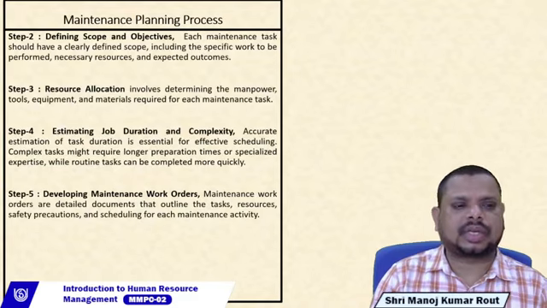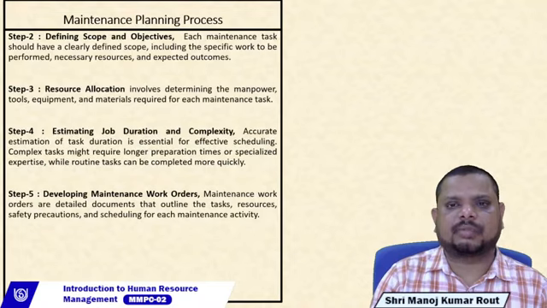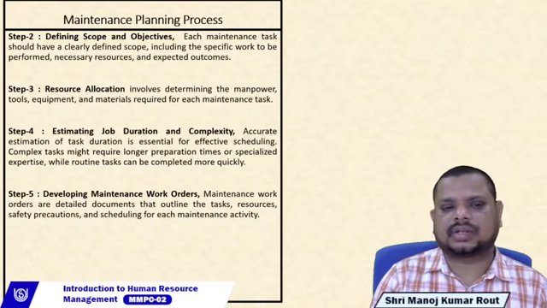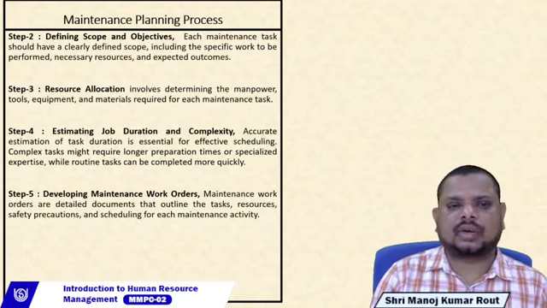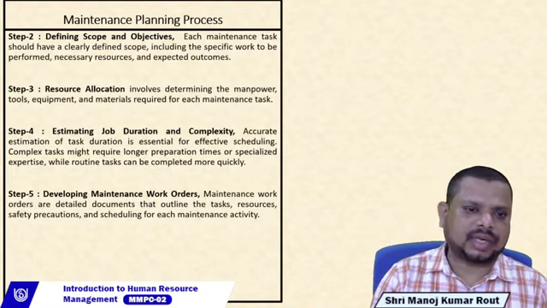Step number three is resource allocation. It involves determining the manpower, tools, equipment, and materials required for each maintenance task. Resource allocation should be done by the maintenance managers.